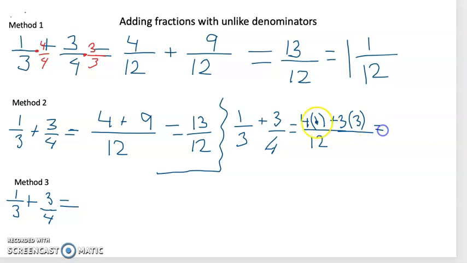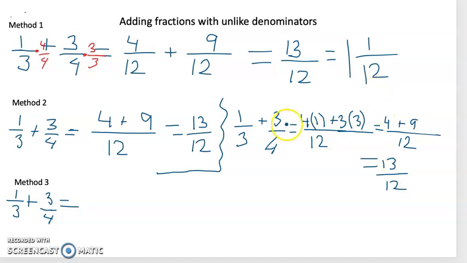So that equals 4 times 1 is 4, plus 3 times 3, 9, over 12, which equals 13/12, okay?